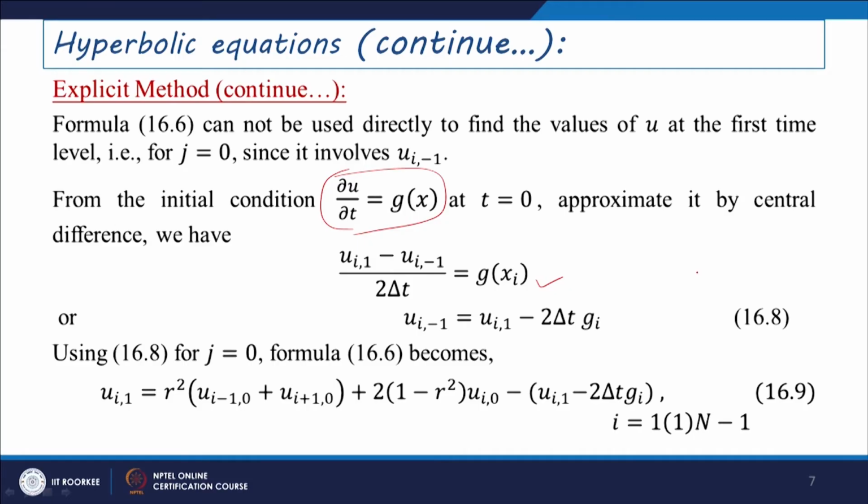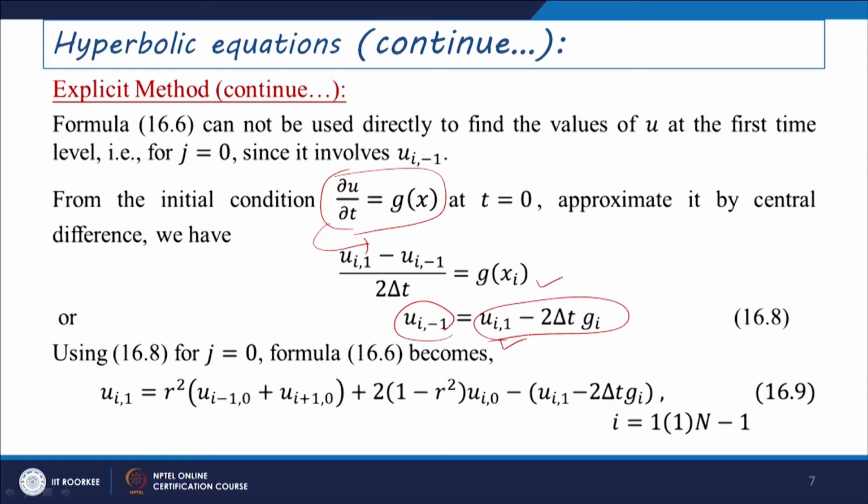So, that is why we have to consider this initial condition to get this value, that is u of i, minus 1, which can be written in the form of the domain values there itself, u i 1 minus 2 del t into g i.